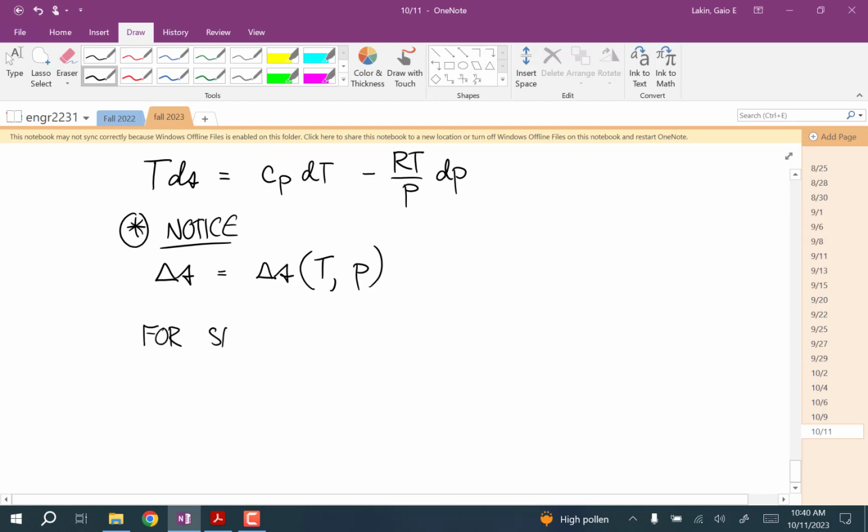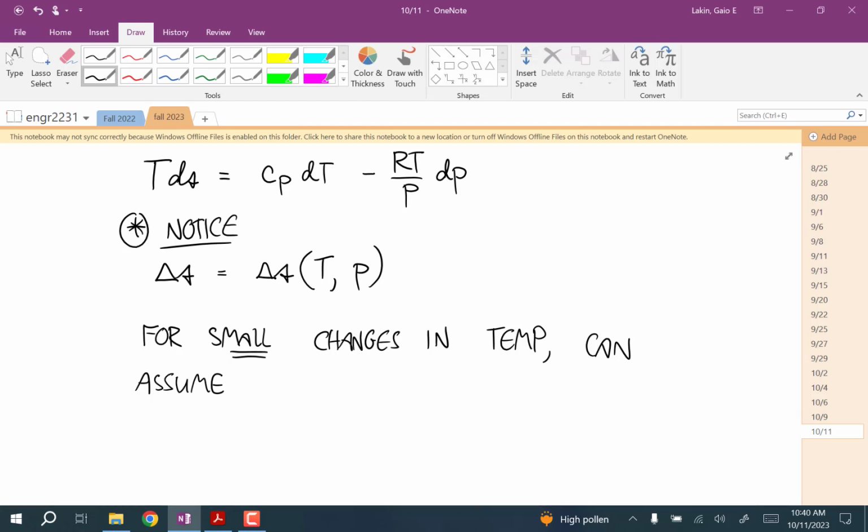For small changes in temperature, you can assume that Cp and Cv are constant. We've seen this before just for calculating specific internal energy and specific enthalpy for ideal gases. So you can assume that Cv and Cp are constant.